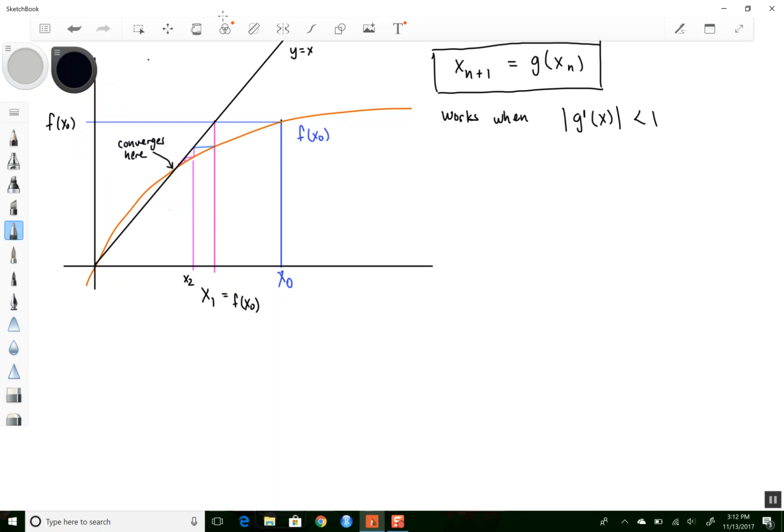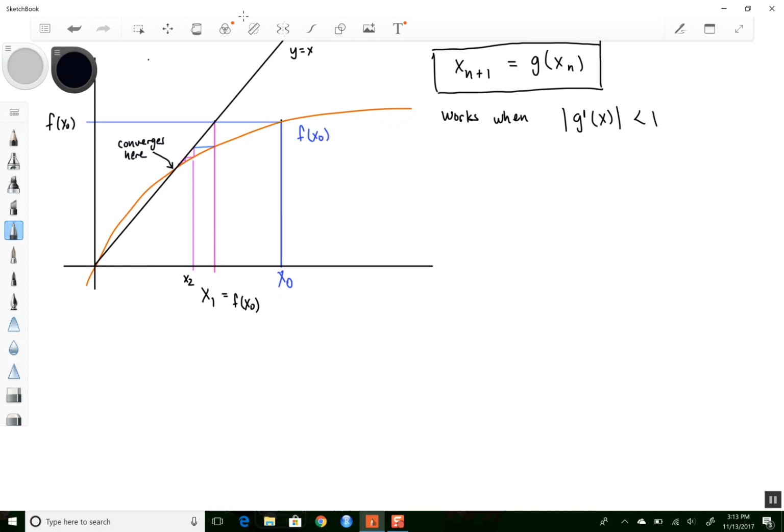Converges here, and so that's what we have. Okay. So visually, are we able to see the fixed point iteration working here? Basically, we plug in x0, we get f of x1, and that becomes our new x1. We plug that in, and that becomes our x2, and we get closer and closer and closer until we converge to the point.